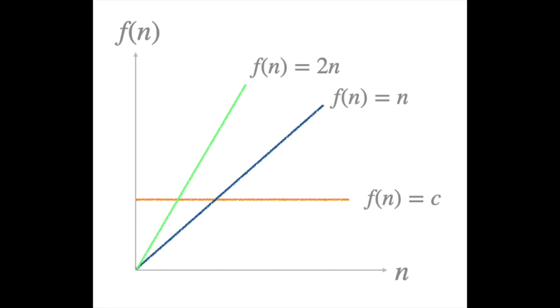And if you think about a function that grows a lot faster, let's say f(n) is equal to 2n, we find something interesting. So if my input changes from 5 to 6, my output goes from 10 to 12, which is an increase of 2. If it changes from 500 to 501, my output changes from 1000 to 1002, which is again a difference of 2.